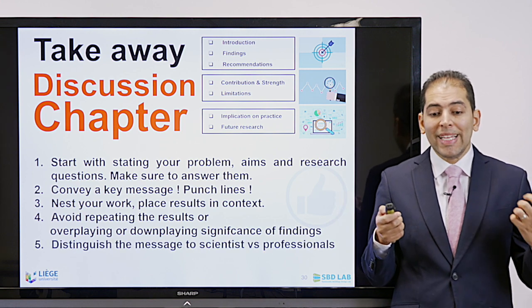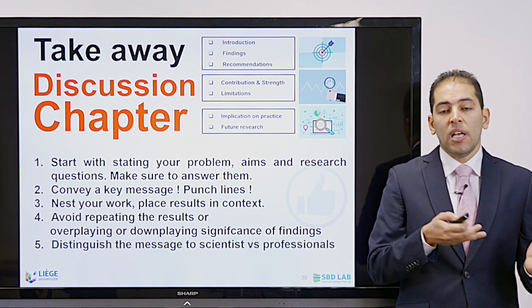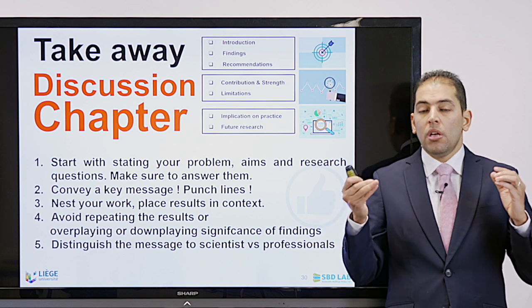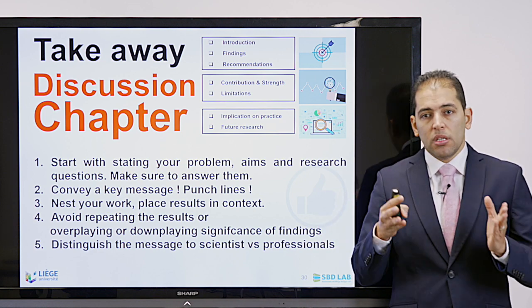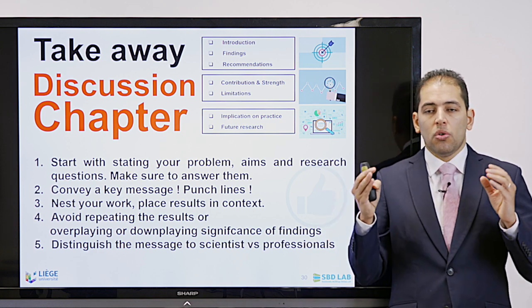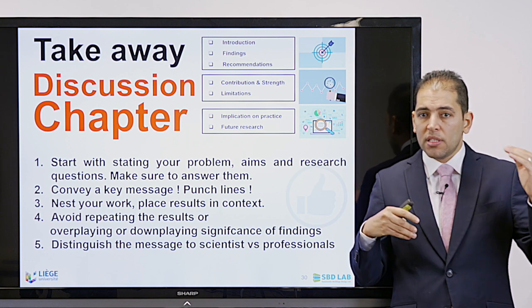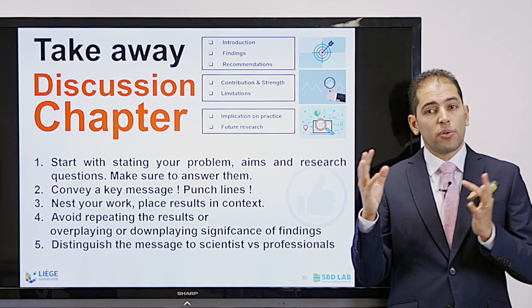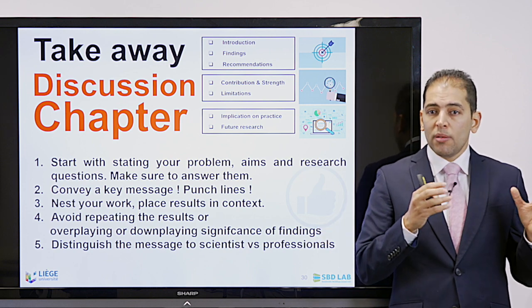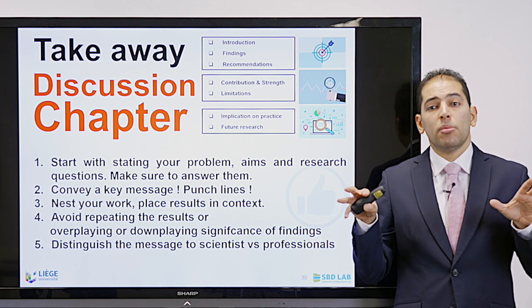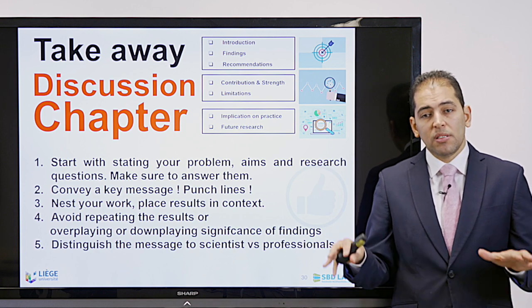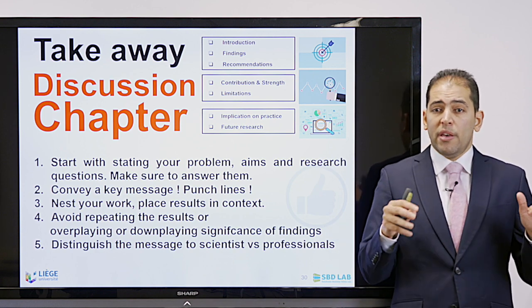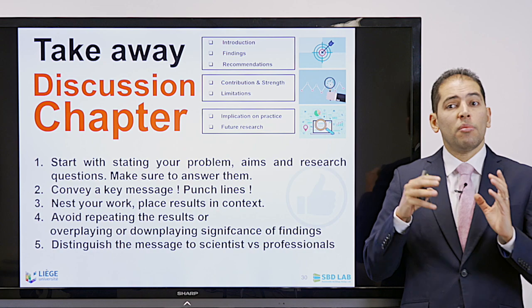Also distinguish the message to the scientists and the professionals. Empirical is not scientific. So when I'm talking about findings, those are scientific. When I'm talking about recommendations, they are for the professionals. When I'm talking about implication on practice, I'm talking about the professional world and reality, policy, socioeconomics. If I'm talking about future research, I'm talking about science.